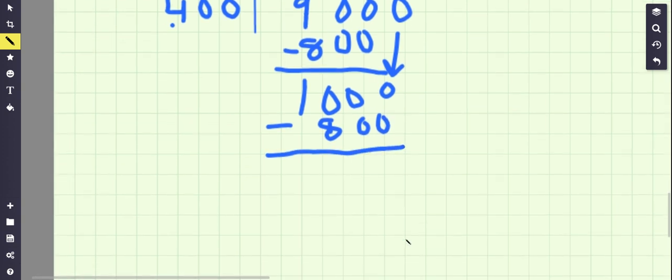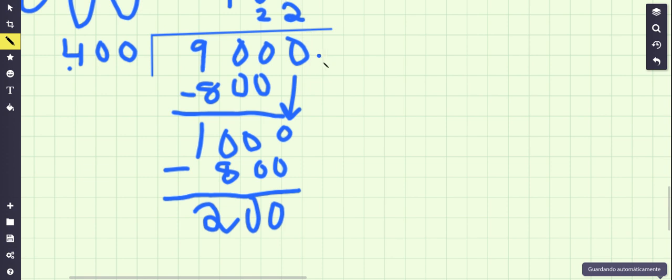Now this comes all the way down to 200. 400 can't fit in 200. So remember, we can add the decimal.